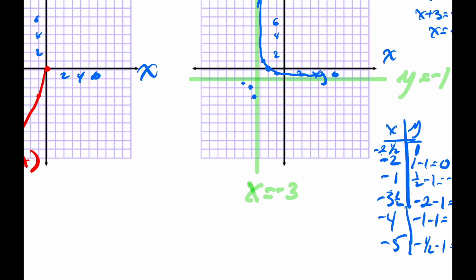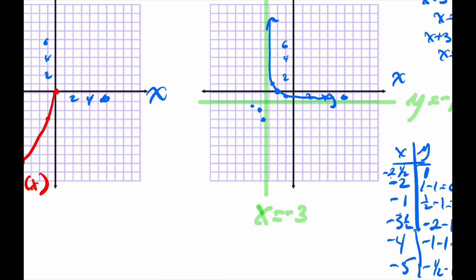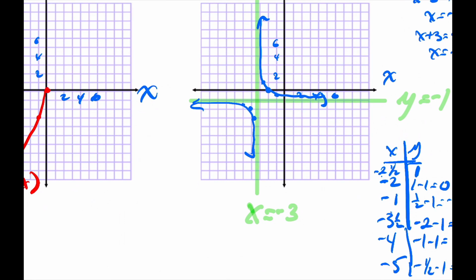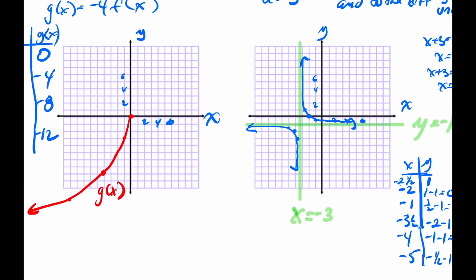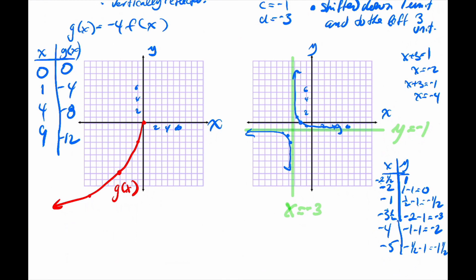Okay, so let's connect that with a nice smooth curve, getting closer and closer to the asymptote, but not touching it. All right, so that's what that graph looks like. I know it's having some issues with the screen here. Can't quite see the numbers on the right, but there it is. So that's how we graph that.